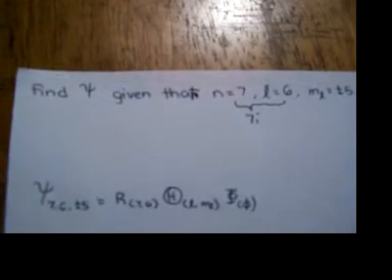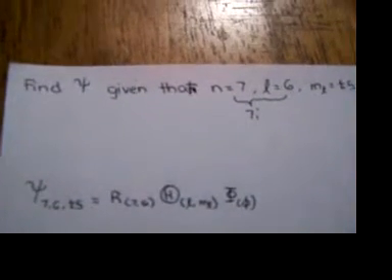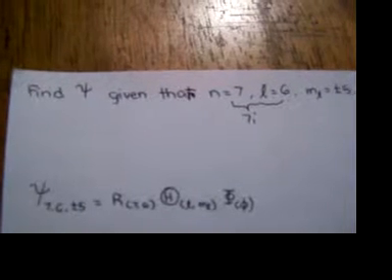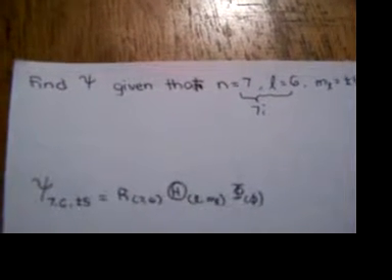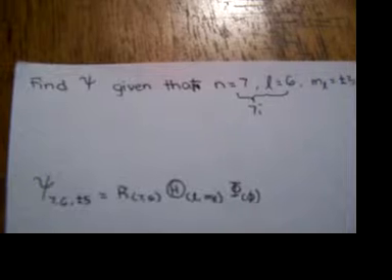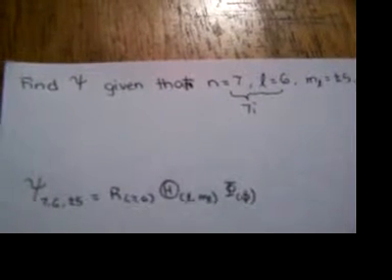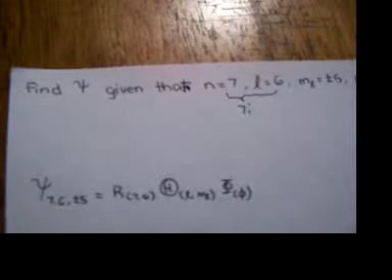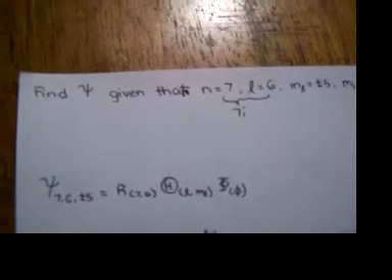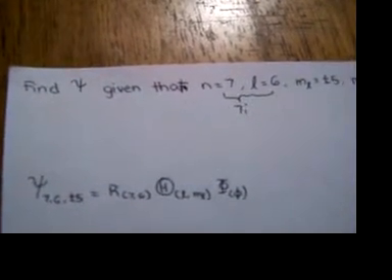To start off, for the psi, we know that it comprises the radial function and the spherical harmonic functions. The spherical harmonic functions are composed of the capital theta function and the phi function.